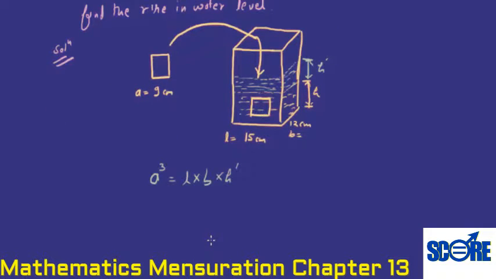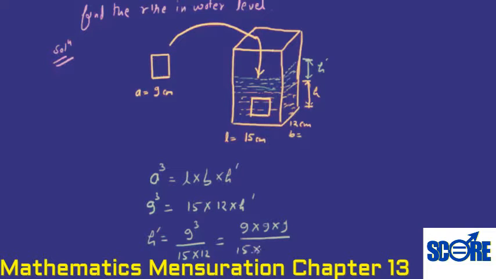So now we put the values. The volume of cube, that is 9 cube, should be equal to 15 into 12 into h dash. So h dash is equal to 9 cube divided by 15 into 12. So 9 cube is 9 into 9 into 9, over 15 into 12.